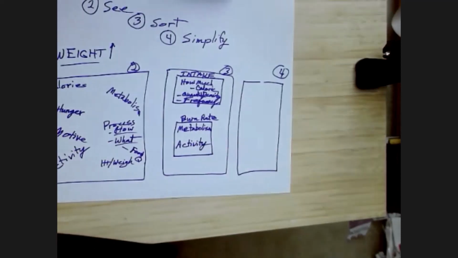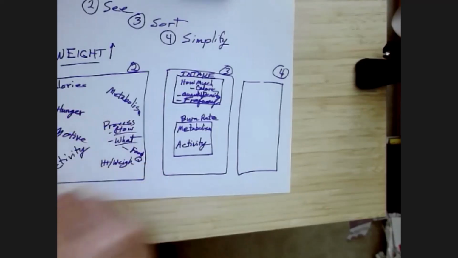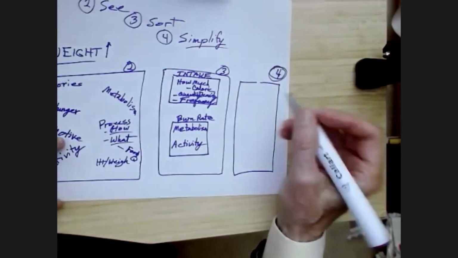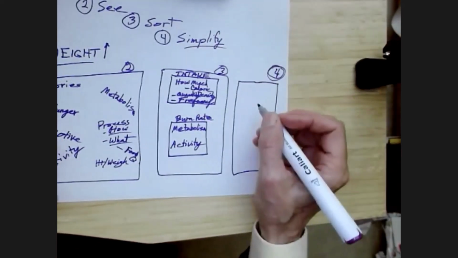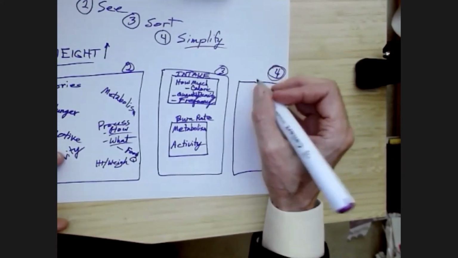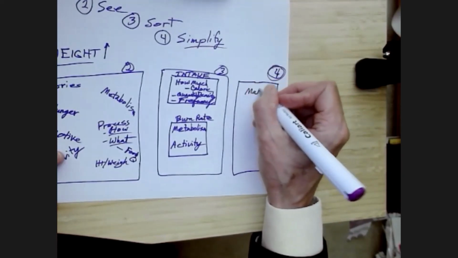And what we see in this process is that it gets down to a very simple issue when we think about how it works. So when you simplify something right here, number 4, you're just trying to ask how it works. And the way it works is you basically have some math going on.